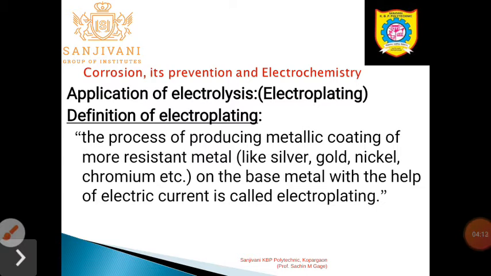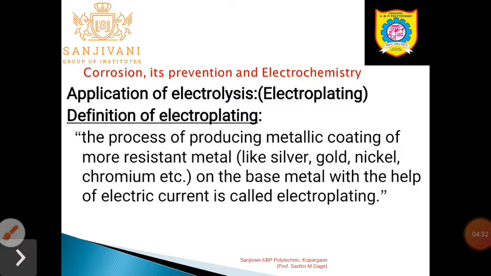in which the metals are heated to their melting temperature, and in the molten state the article is just dipped into the molten metal, and you get the formation of a very thin layer of the metal on the base metal.